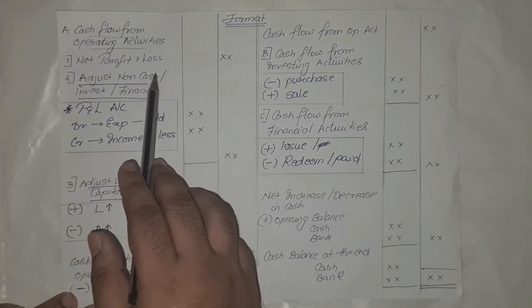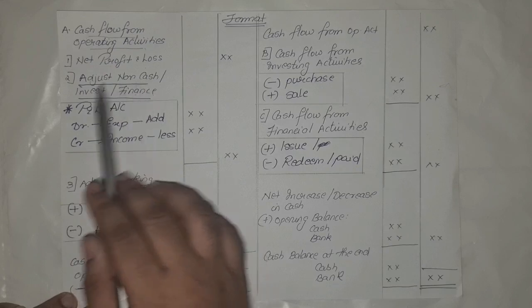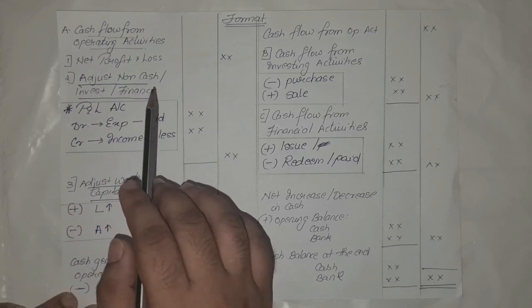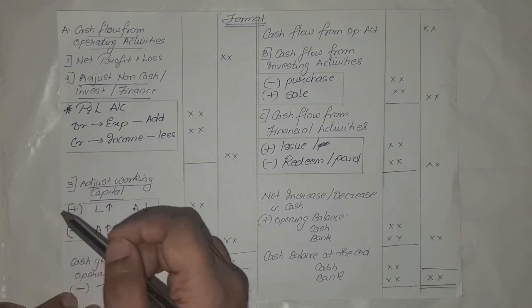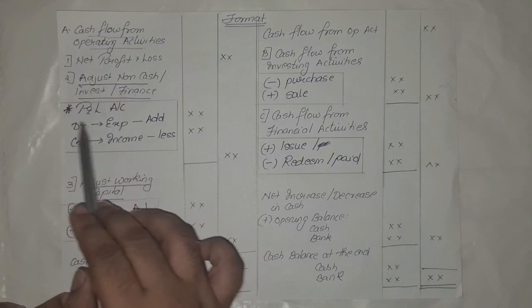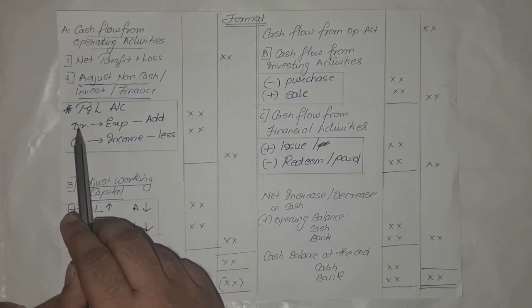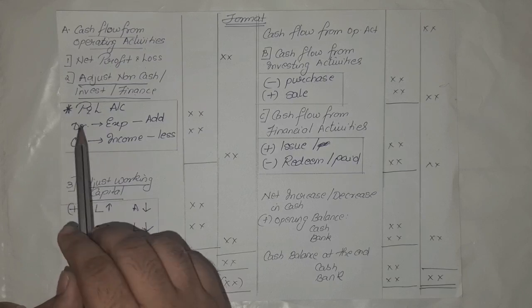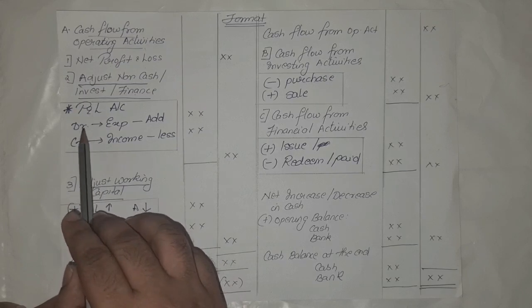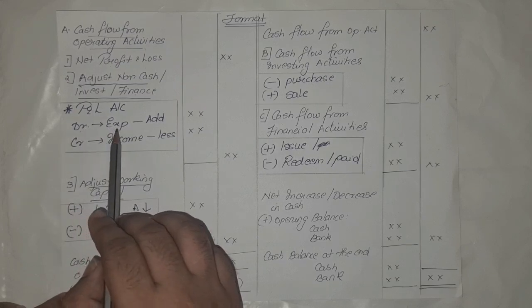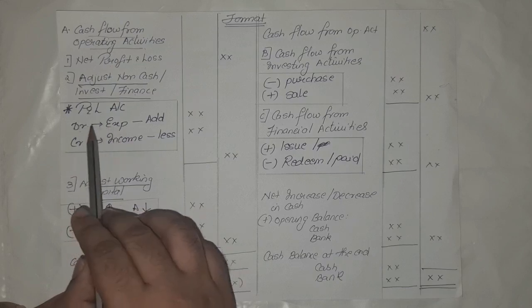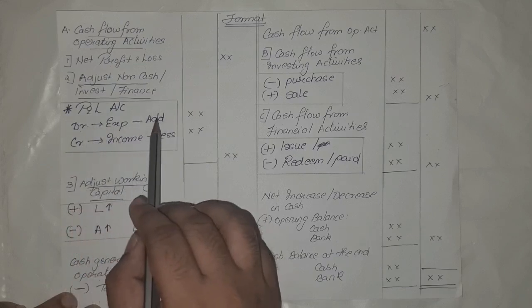Under adjust non-cash items, remember it is all those items from your P&L account, your profit and loss account. So the rule you have to remember here is all the debits of P&L account, whatever comes on the debit side, those are all the expenses, you need to add them.